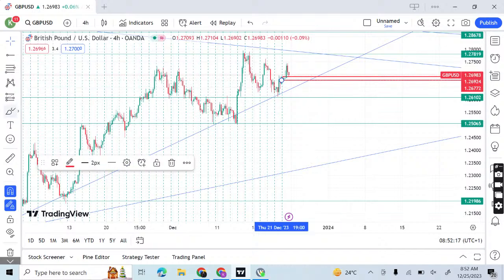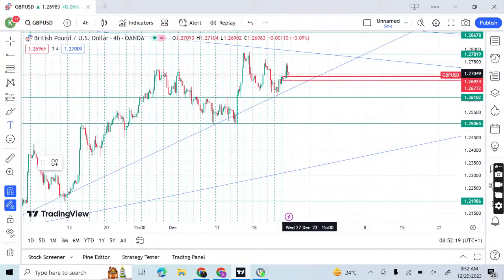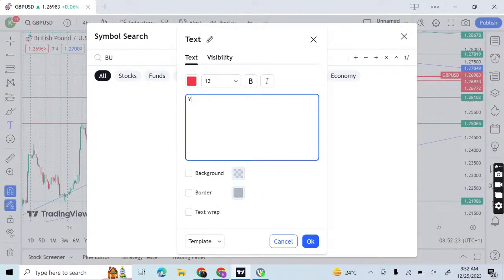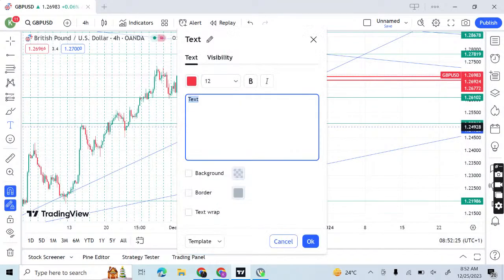Now in the course of the week, anytime price gets to the high side, I'm going to go with long buys, and I'm going to put it on green. Everything that has to do with buy should be on green for me.